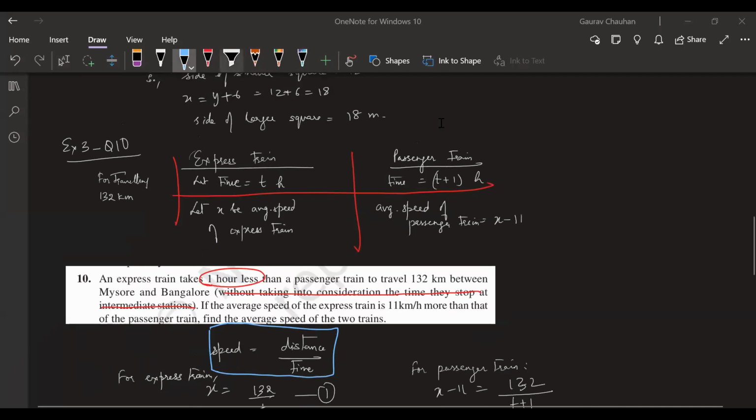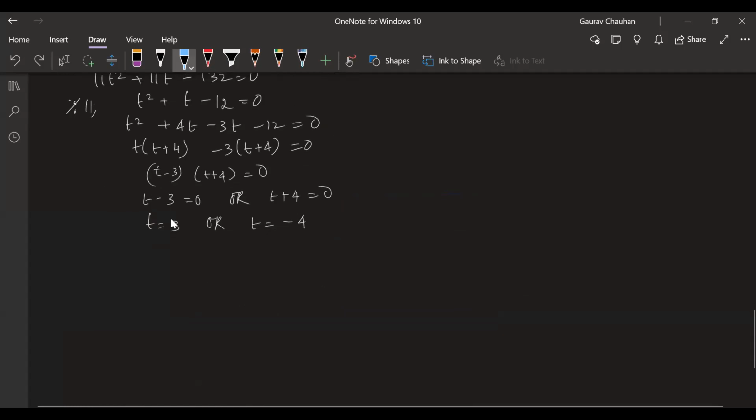Time, sir. Speed cannot be negative. I found time now. It is time for the express train. That cannot be negative. It is not going to go backwards in time.